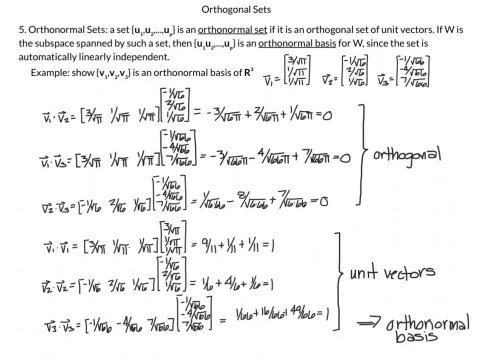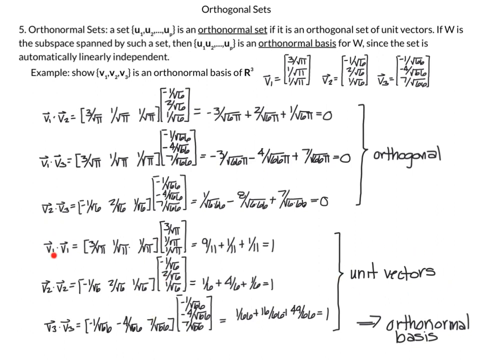To show that they are unit vectors, I'm going to compute the length of each vector, which, if you recall, is just the square root of the vector dotted with itself. So here I have v1 dot v1, which is equal to 1, v2 dot v2, which is equal to 1, and v3 dot v3, which is equal to 1. Certainly when I square root the ones, I'm going to get 1. So I have 3 unit vectors.